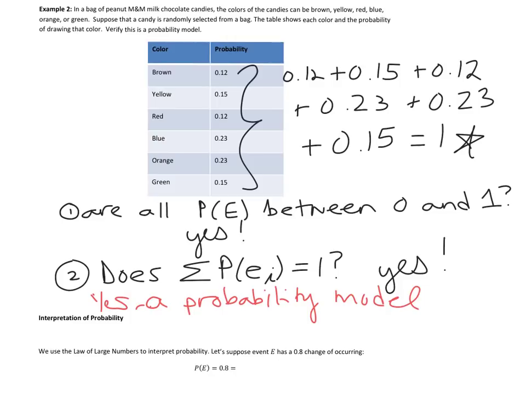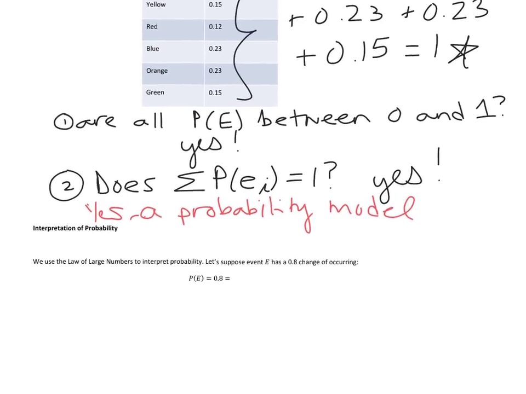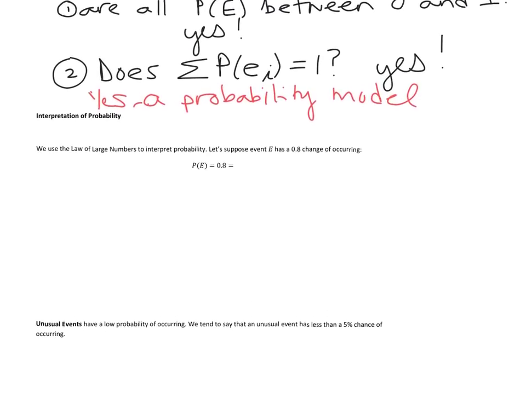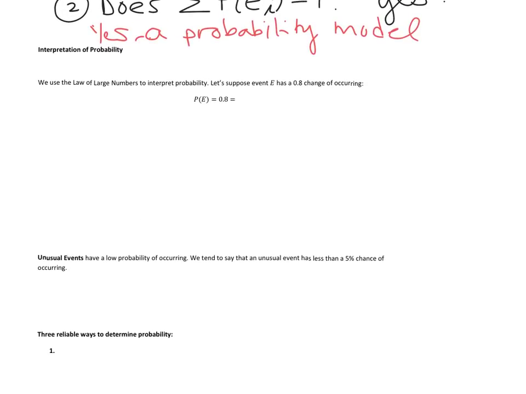Okay, so we got some definitions out of the way. Let's go back to the interpretation of probability. We already talked about how the interpretation of probability is the law of large numbers, because probability itself, when we were first defining it on that first page of this packet, describes the long-term proportion of an outcome.